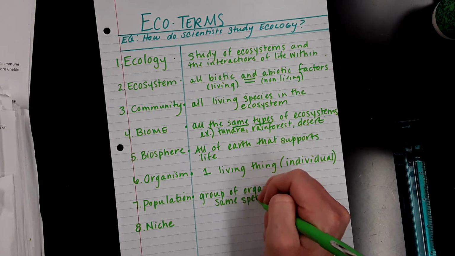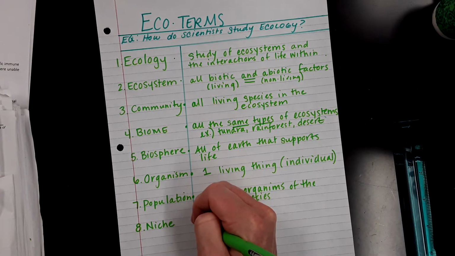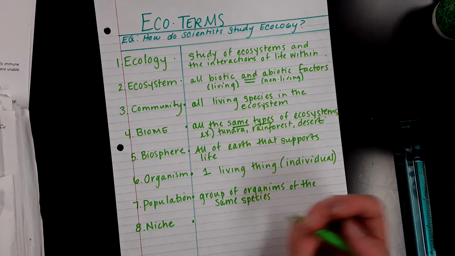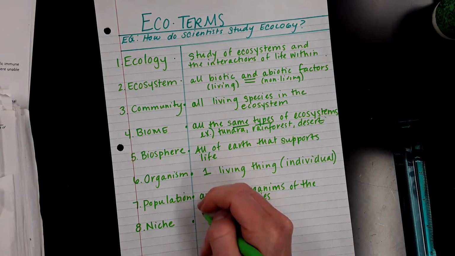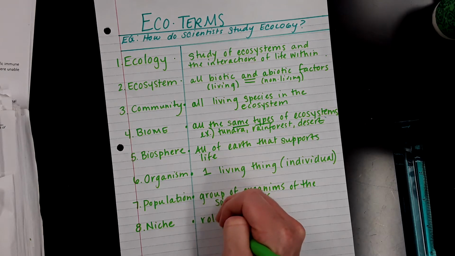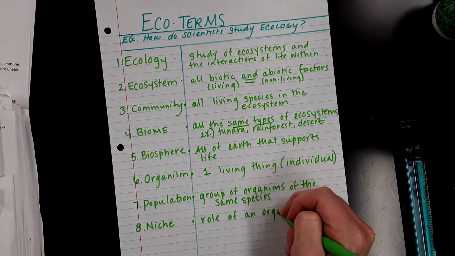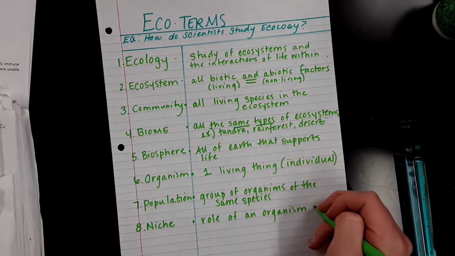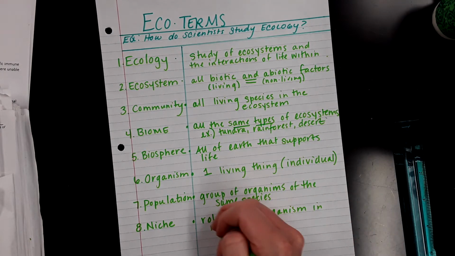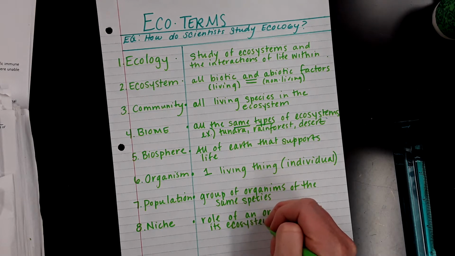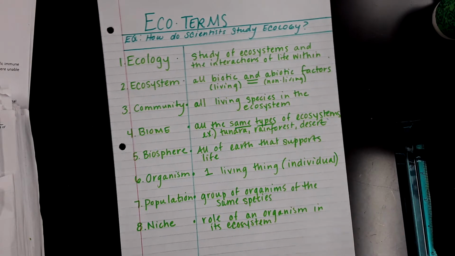And specifically, they live in the same area at the same time. And then a niche is just the role of the organism. So the niche is what is the role of an organism in its ecosystem. So is it a producer? Is it a consumer? Is it a keystone species?